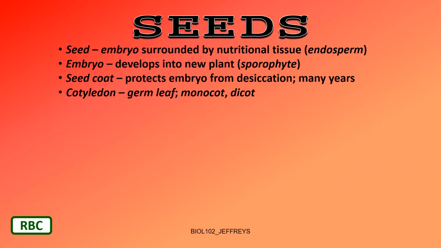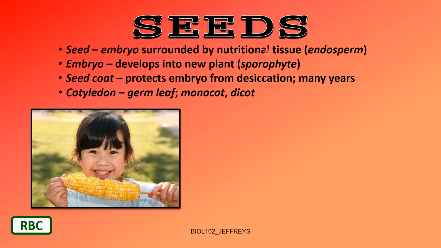So seeds are an embryo. So now this is an embryo, right? So it's a fertilized egg. The sperm has already fused with the ovum to make the zygote, and then the zygote starts dividing. It becomes the embryo surrounded by nutritional tissue, and we call that the endosperm.